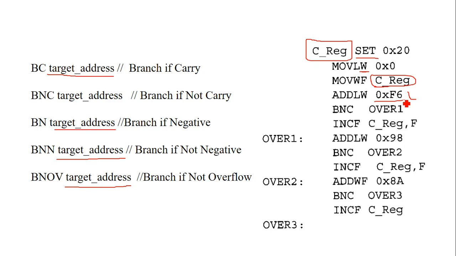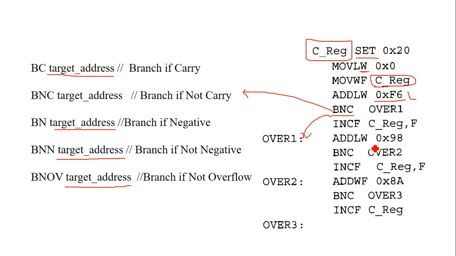Now this instruction, what does it say? Branch if not carry. If not carry, to where? To over1. Obviously here the carry is not generated, so it jumps to over1. Here ADDLW 0x98.